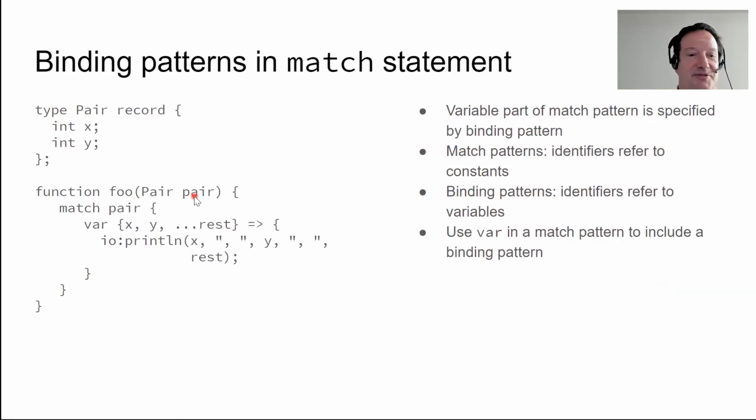Now, here's a little puzzle for you to think about. What is the type of rest? Now, you could say that the type of rest is a map of any data.